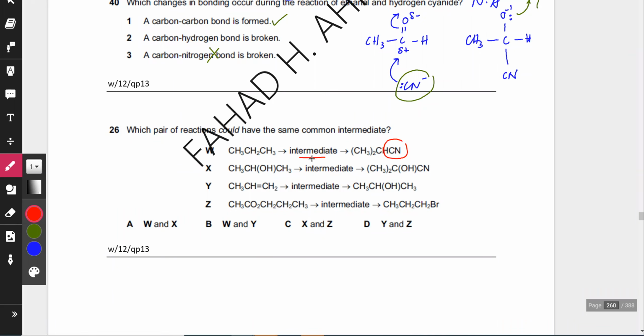And on which carbon would the Cl be? If you look at this molecule over here, there's a CH, CN. This right side is CH and CN, and there are two CH3s attached to the same carbon atom.